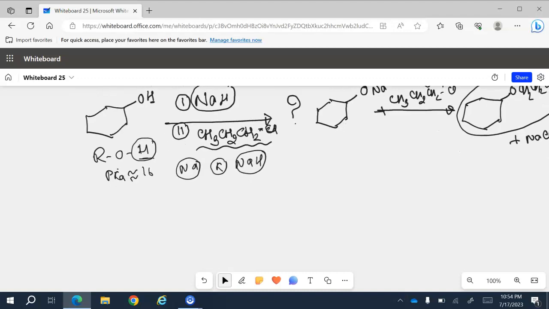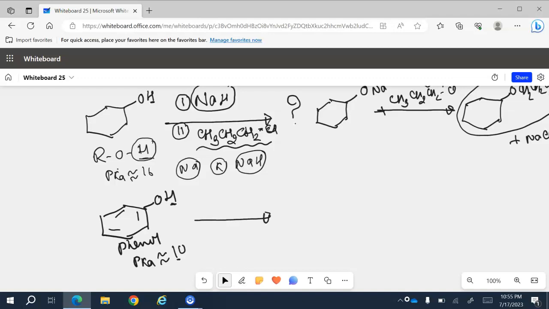But if we are using, say for example, aromatic alcohol, or we can also call that phenol, and you know that phenol has a pKa very close to 10. Because of this more acidic nature of phenol, in order to deprotonate that, we don't need to use such a very powerful base.